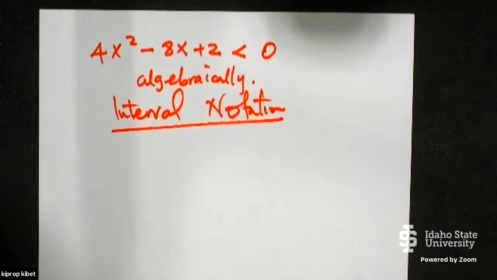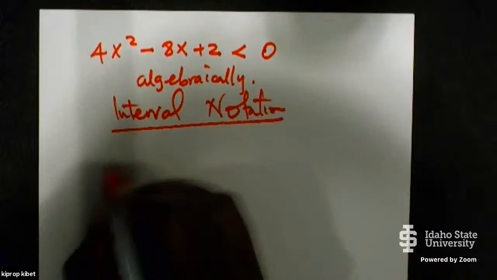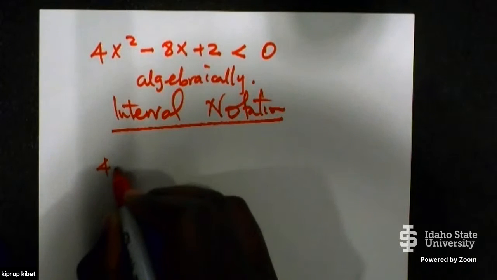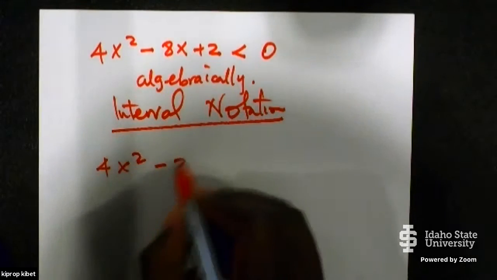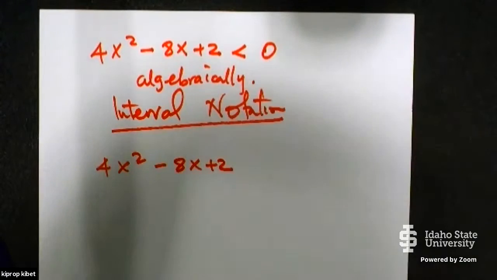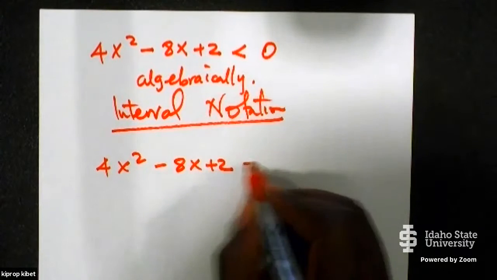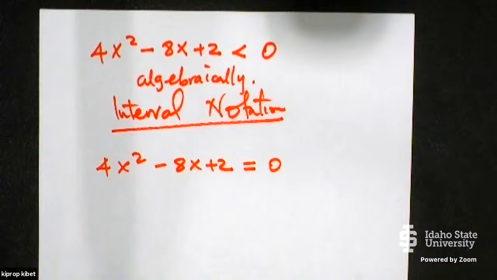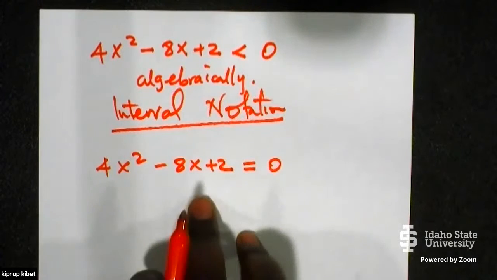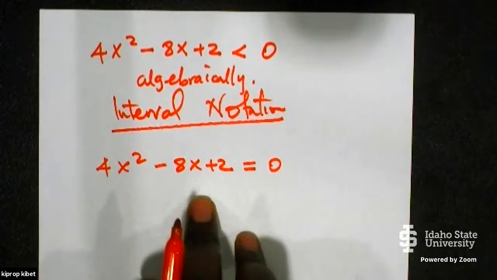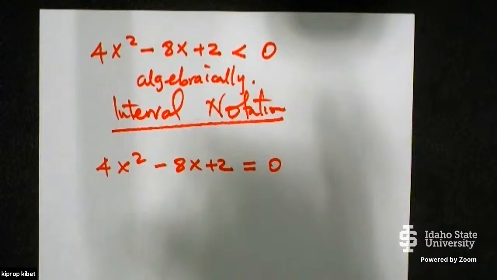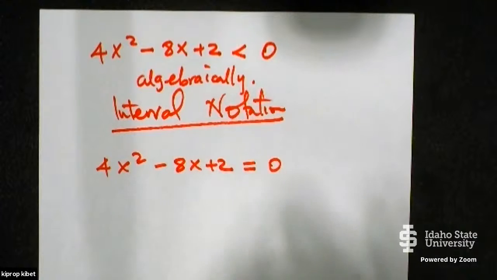So what we do here is, we have the function 4x squared minus 8x plus 2. We need to look for the critical points. For the critical points, we equate to 0. You still remember the procedure?